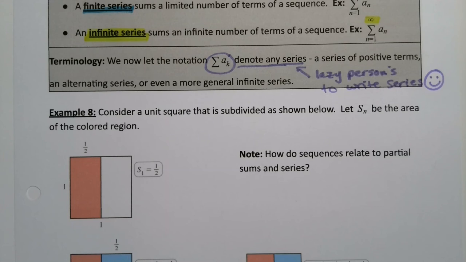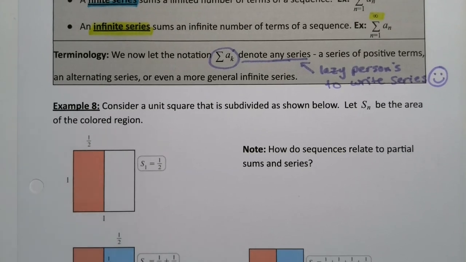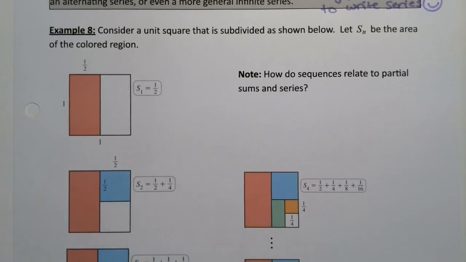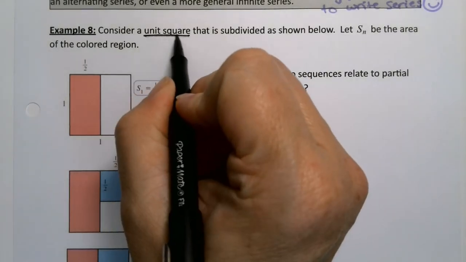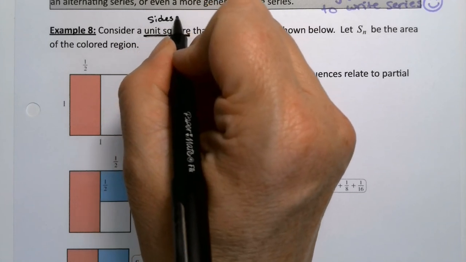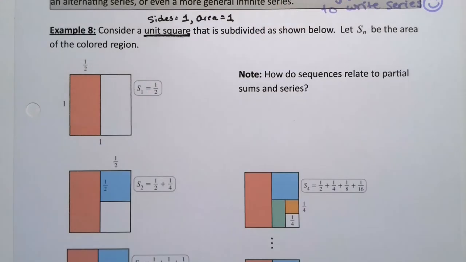All right. We want to look at this whole adding to infinity thing just a little bit more finely. And this is a very illustrative example. So we have a unit square, because the sides are equal to 1 and the area is equal to 1. You can see it.